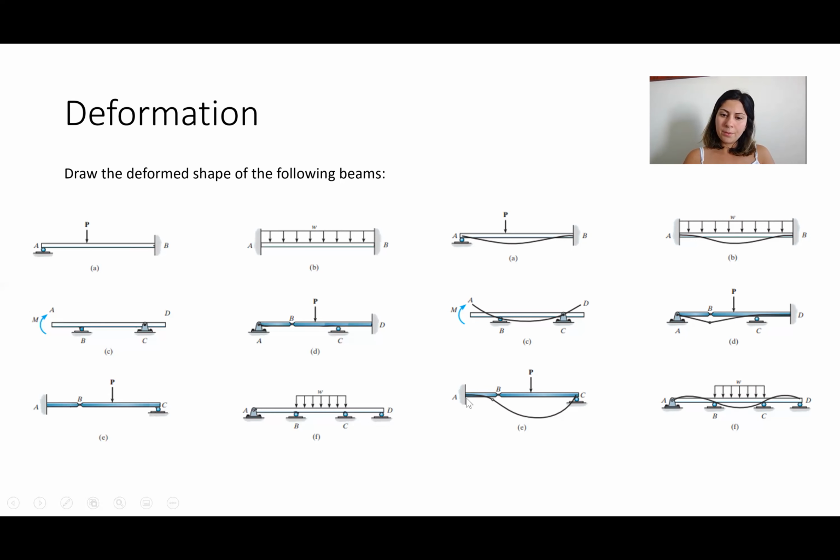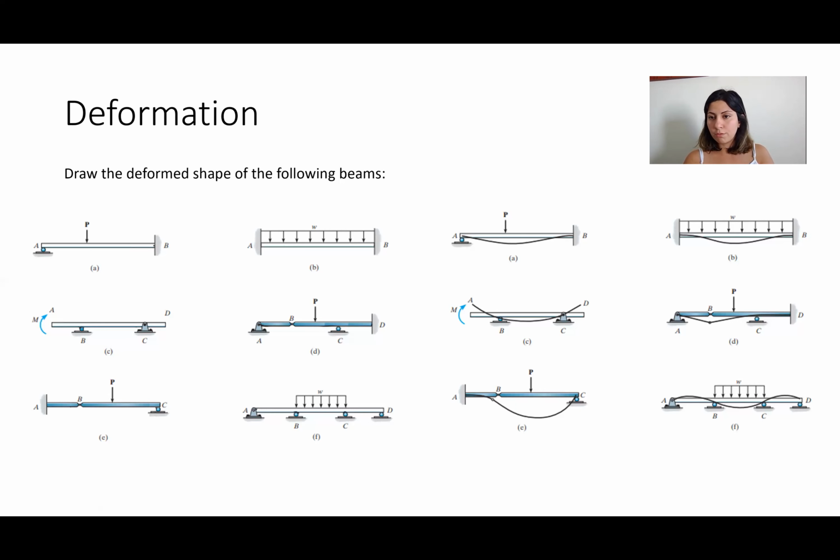In here, E, as you can see, we have only one force applying to the beam. So here, it goes down, and at the hinge, you can see if we have a hinge or not, it doesn't make any difference, because here is the point of inflection.